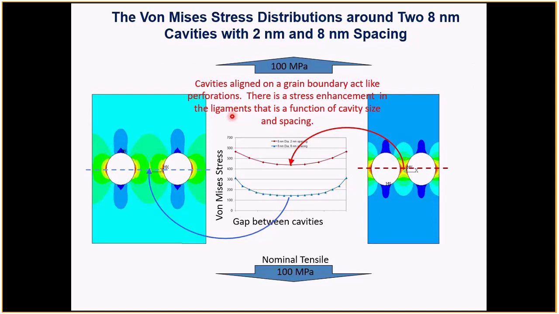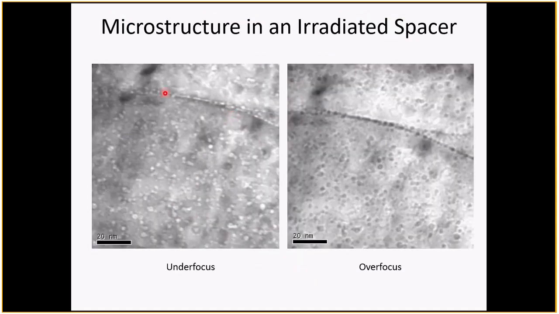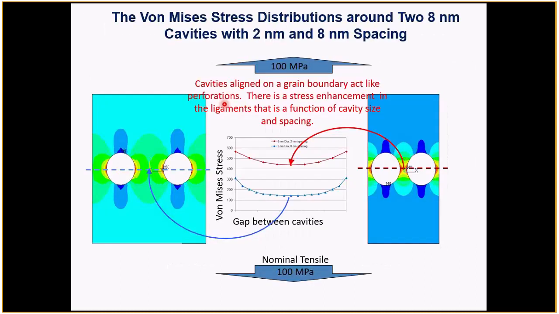So why are these cavities there? Why do we have this perforation that makes it easier to deform along the boundary? Well, one of the obvious things is that the closer the particles get together, the more area of the boundary is covered by these particles, and the stress intensity between the particles goes up.